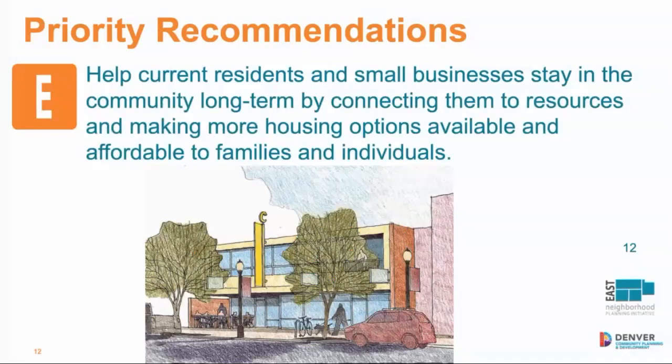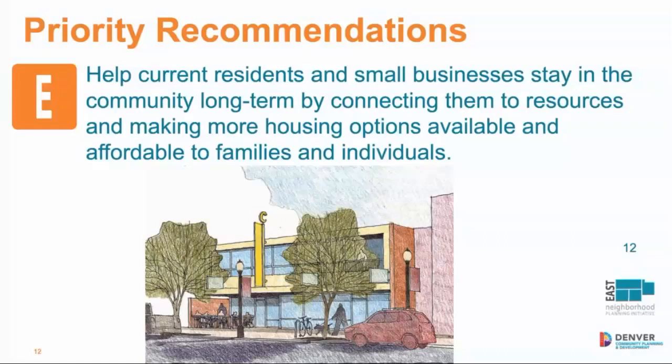And the first has to do with addressing residents who are at risk of involuntary displacement. And that's both people living in the area and people who have small businesses in the area. And this is a priority that we've heard throughout the East Area Plan, but it's in particularly the very top priority that we've heard in the East Colfax neighborhood itself for a variety of reasons.